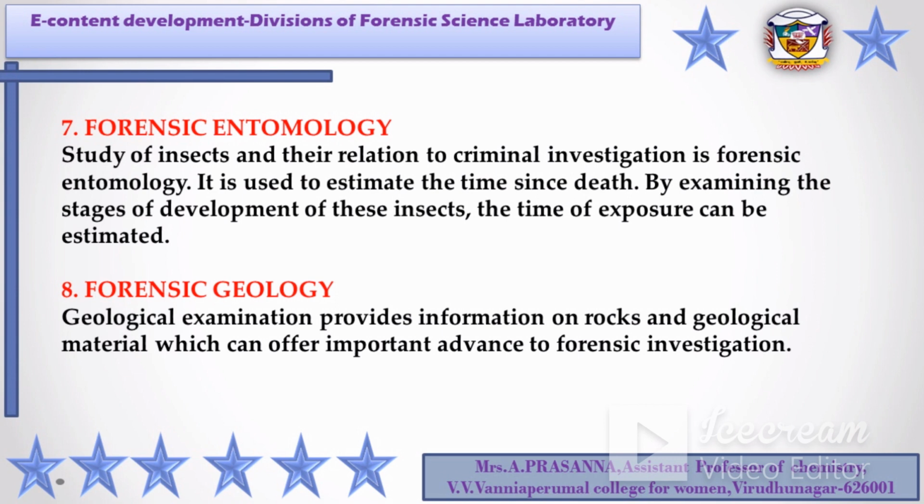By examining the stages of development of these insects, the time of exposure can be estimated. The next division is forensic zoology. Zoological examination provides information on rocks and geological material which can offer important advance to forensic investigation.